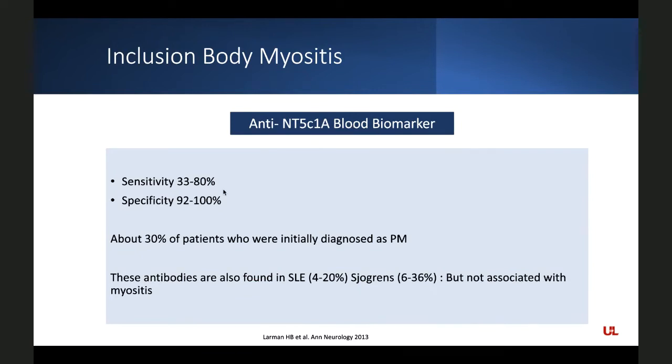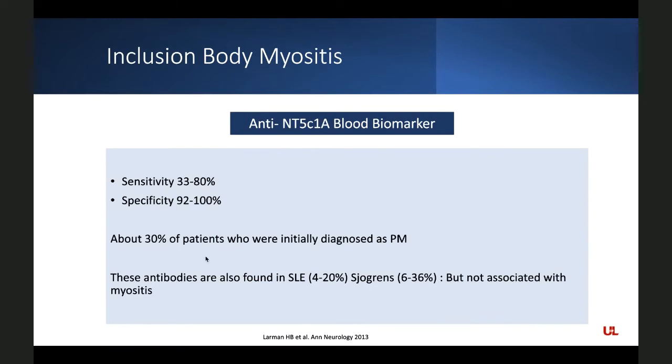It was quite helpful because as many as 30% of the patients who were initially diagnosed as polymyositis were then called IBM once this blood biomarker came out. The sensitivity goes up to 80%, and specificity for this biomarker is 100%.